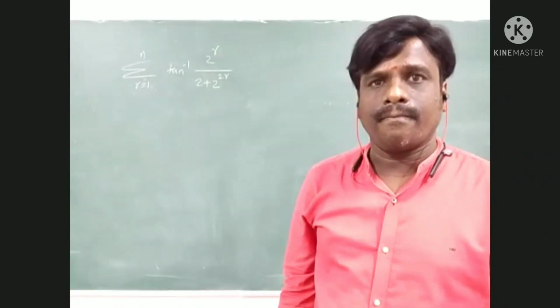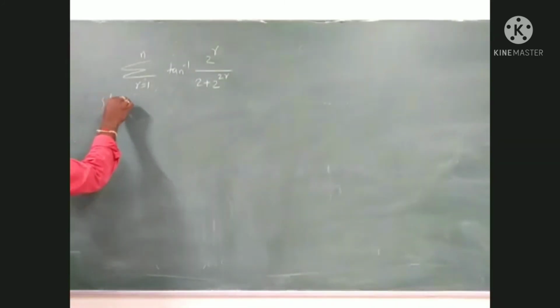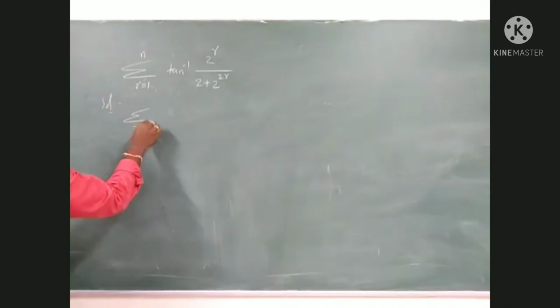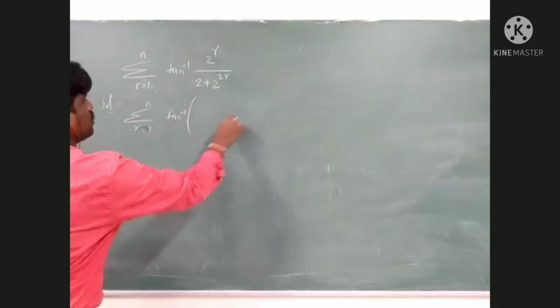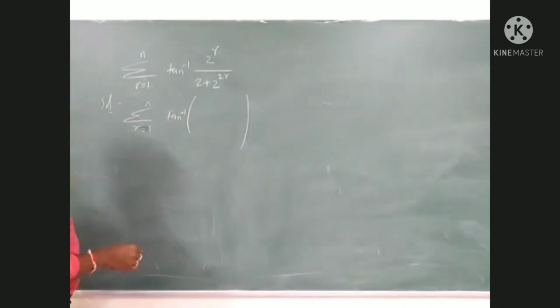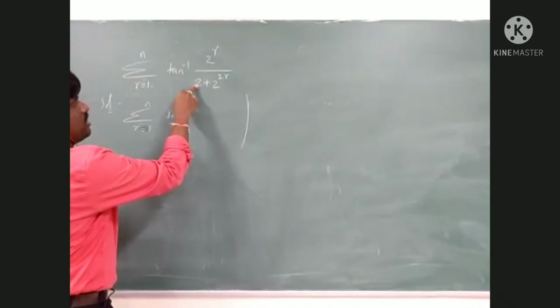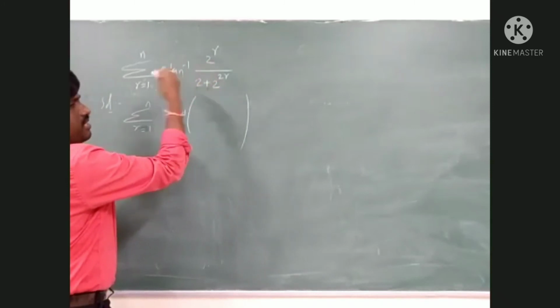Yes, sir. Can I write this one as sigma r is equal to 1 to n tan inverse. See, this is the thing people will make a mistake on. This is a most important question. People, 2 is there, not 2, they will write 1 plus 1, like previously I used.